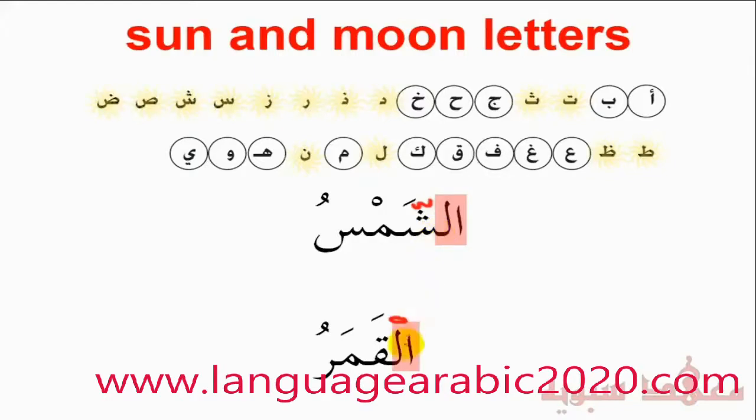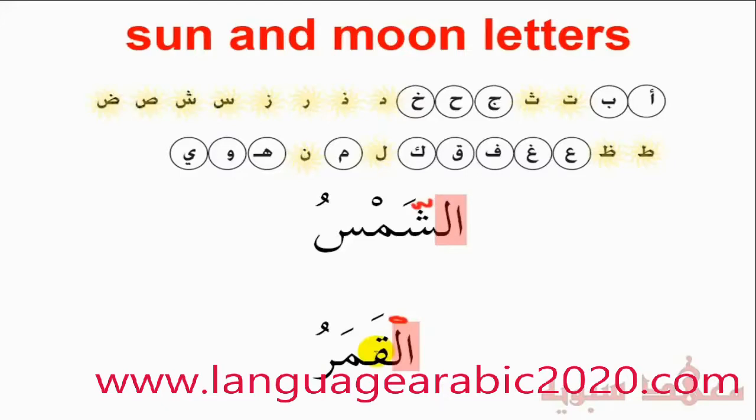However, with Al-Qamar, there's no issues with that. And that's because the articulation points of the lam and the qaf are far apart. The al is where the teeth and the tongue come together, and the qaf, aq, comes from the throat, which is far from the articulation point of the lam.